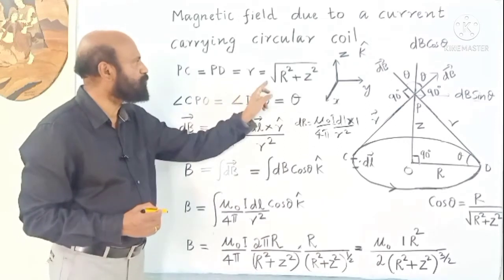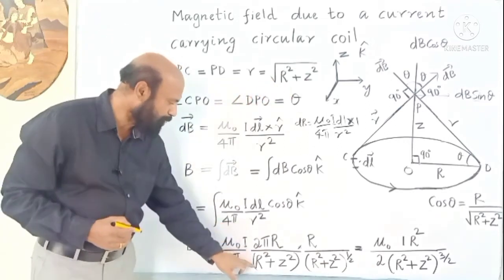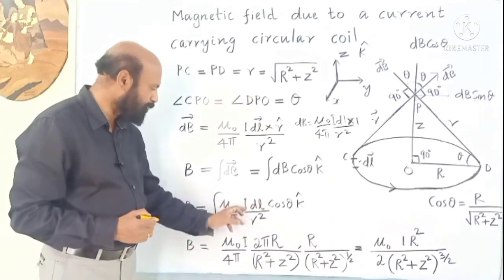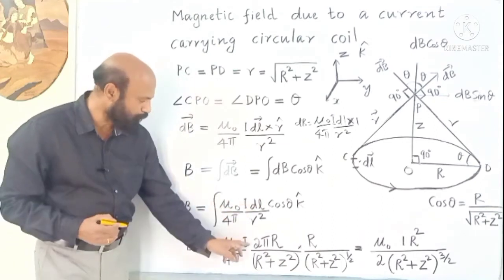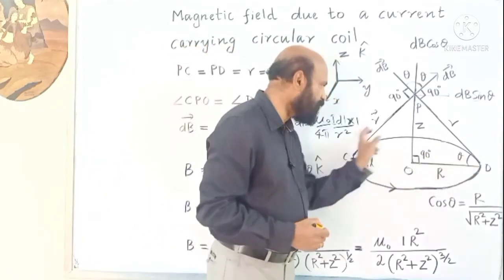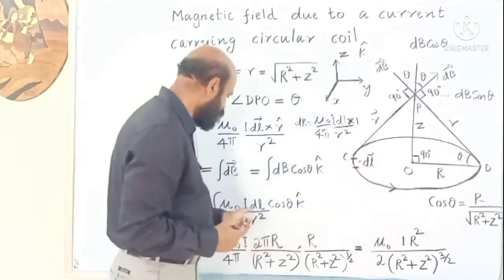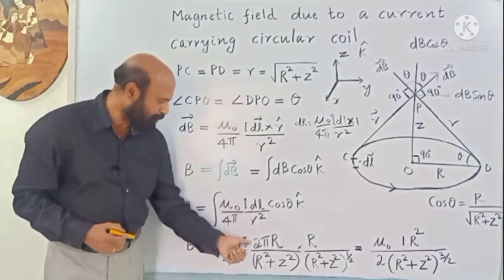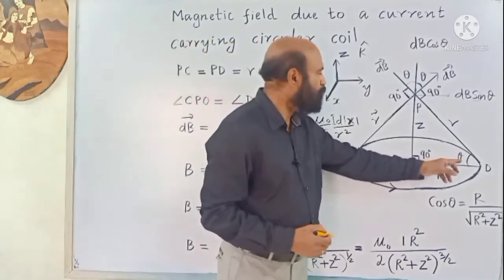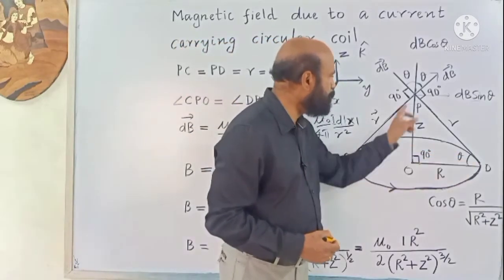Then the integral of dl is 2 pi R, because capital R is the radius, so the full length is 2 pi R. For cos theta we can write adjacent side by hypotenuse.